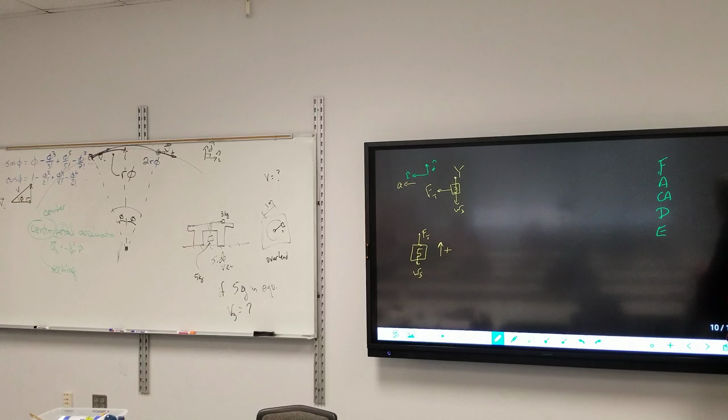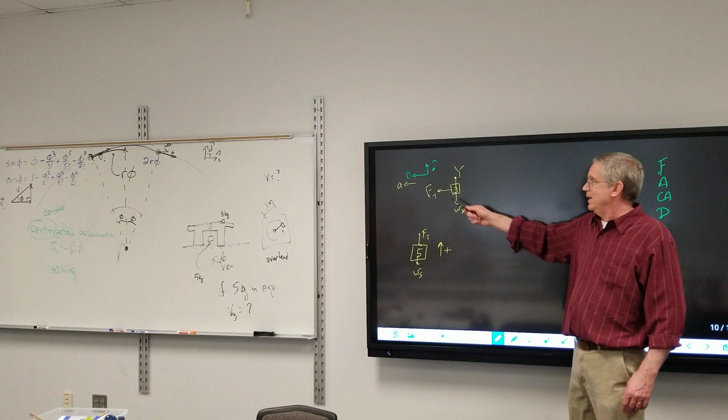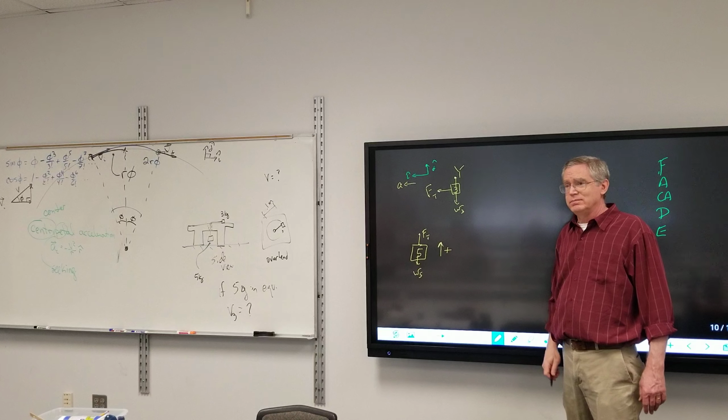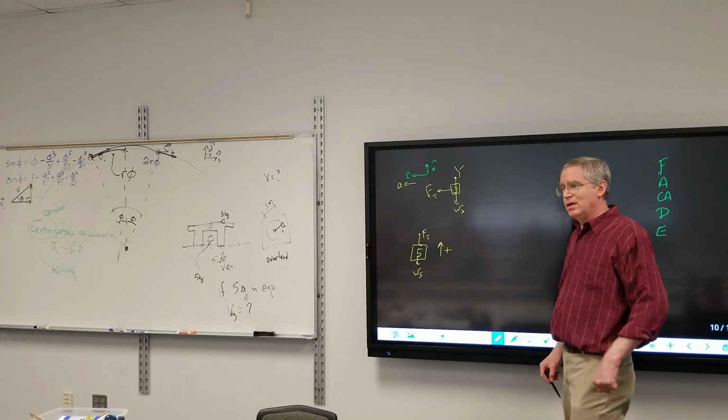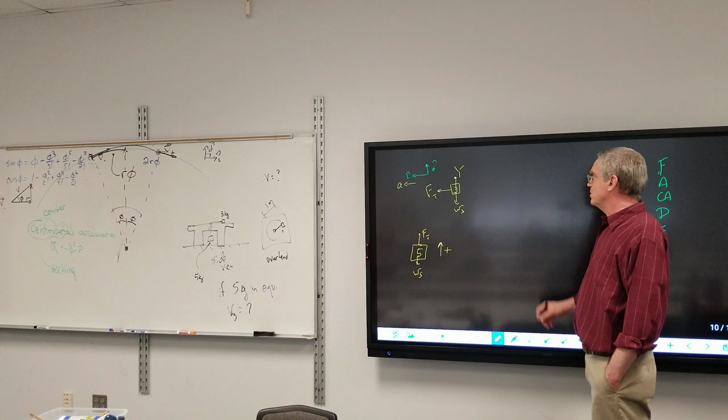The question was, how many equations of motion will there be? You just count up the axes required for each one. I have 2 there and 1 here. There will be 3 equations of motion.